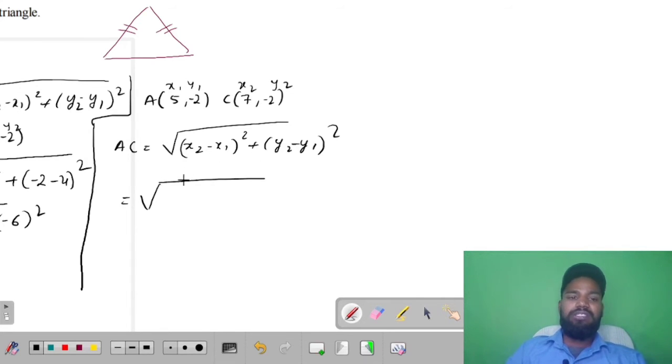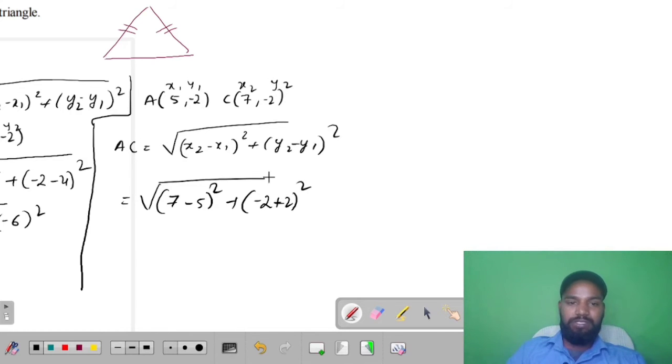What is x2 here? 7 minus x1, which is 5, whole square, plus y2, which is -2, minus y1, which is -2. Minus 2 minus becomes plus, that is plus 2, whole square.